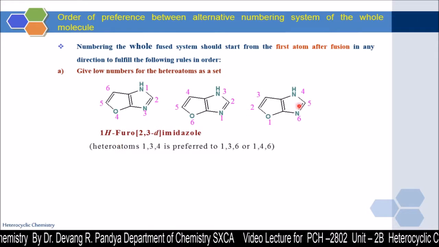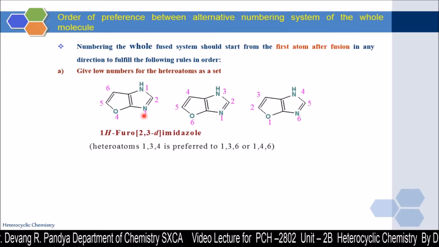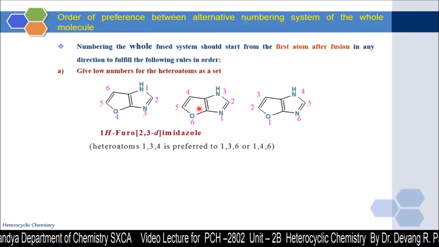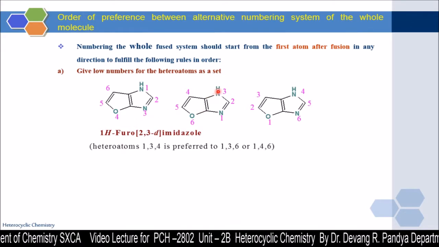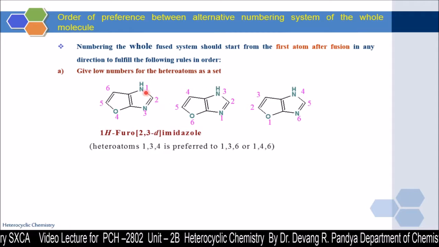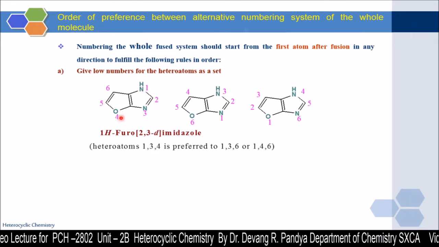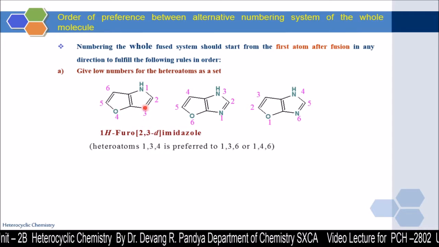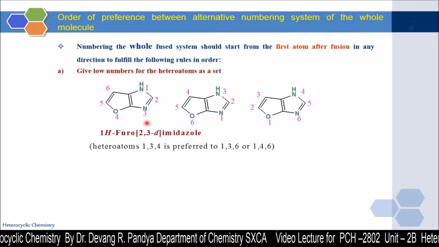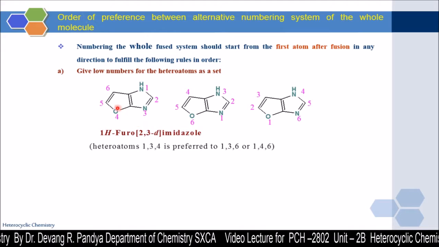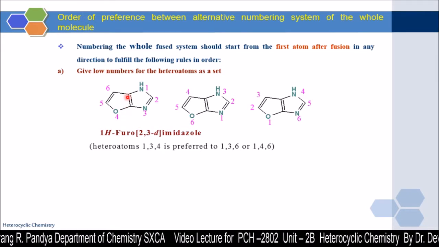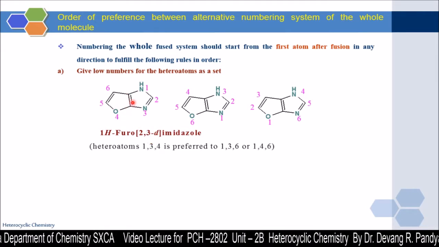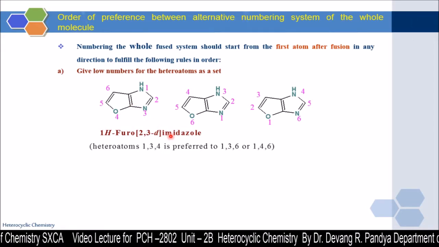Here you can see three examples have been given, and a lower number should be given in such a way that this one is given as 1 hydrogen. So this is the proper numbering. 1H-furo[2,3-d]imidazole. Here 2,3 is going to be the common wall, if this is considered as 1, 2, 3. So 2,3-d is the common wall.